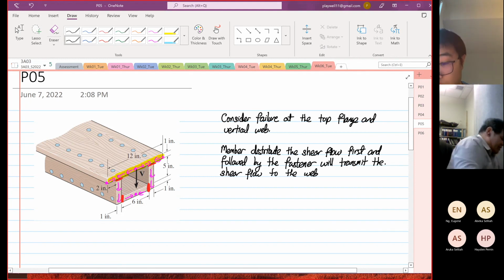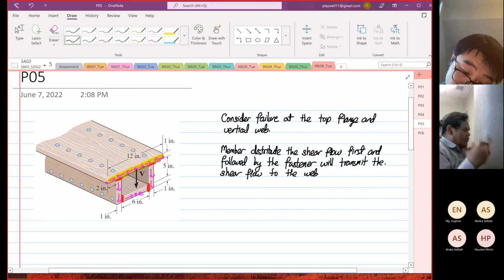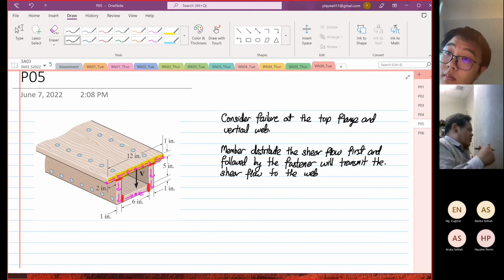Just remember what the member is going to do. With that context, it is easy to consider what area to consider.